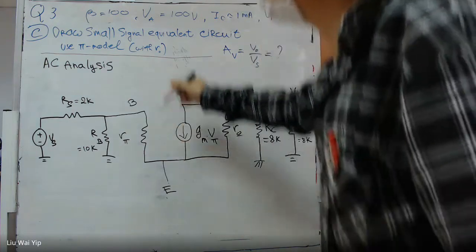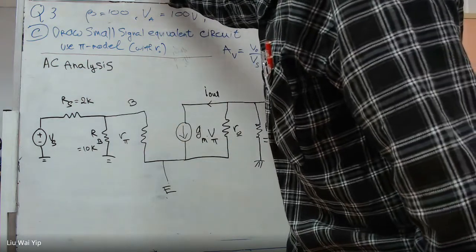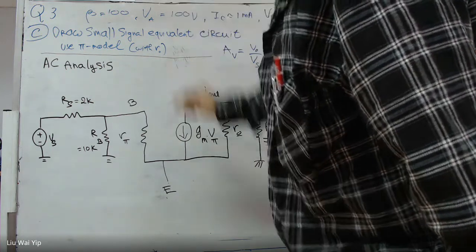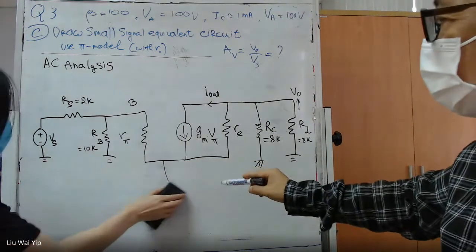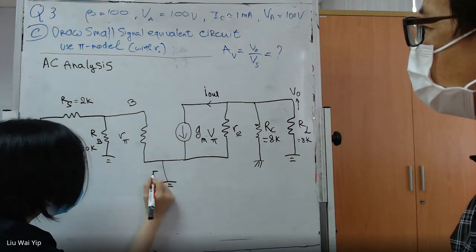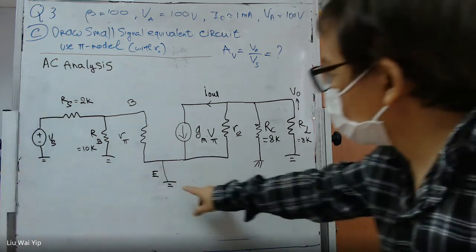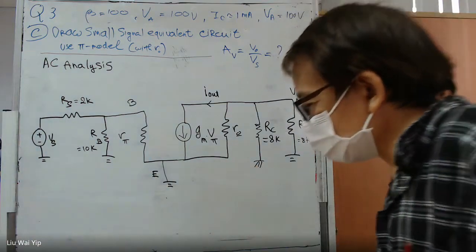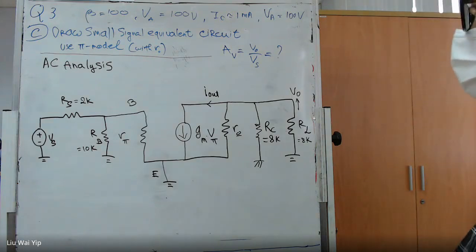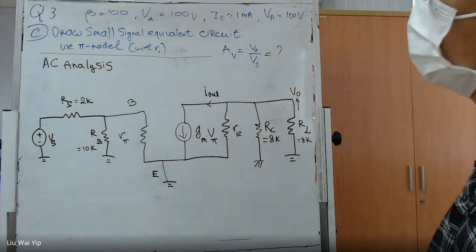More importantly, the E terminal of the transistor is connected to the ground. So this is connected to the ground, this one is connected to the ground, and this one is connected to the ground. Okay, we have almost done.